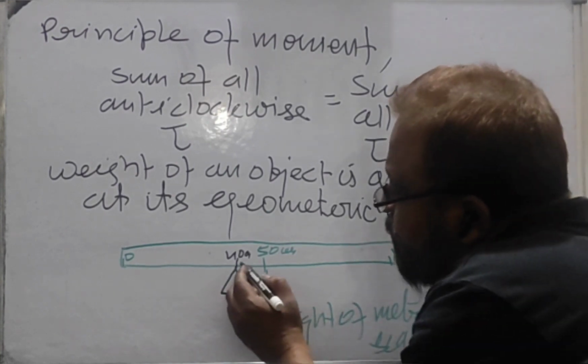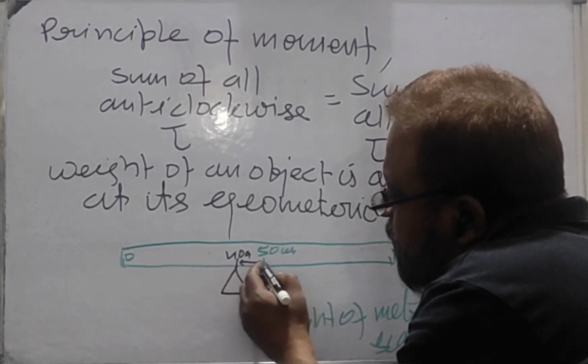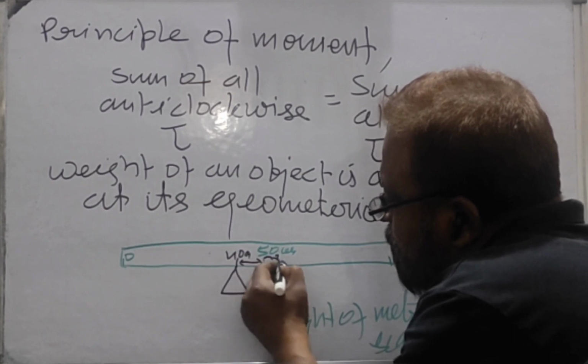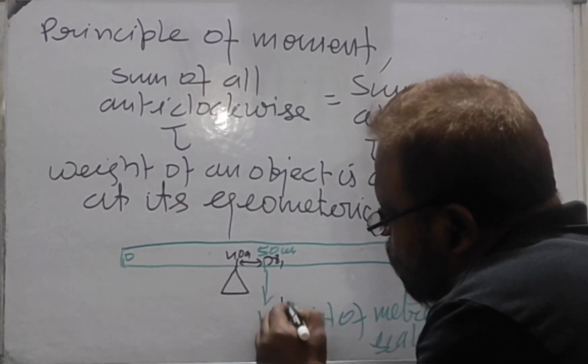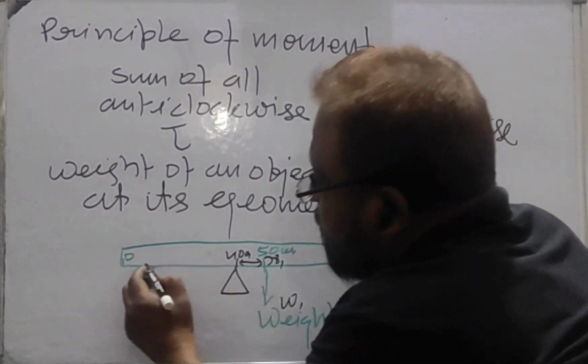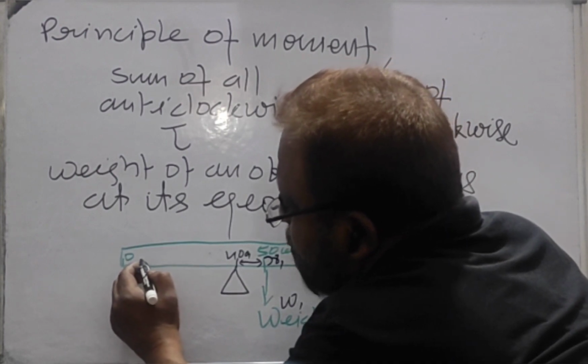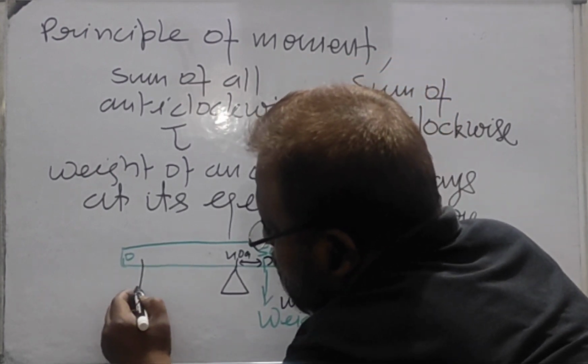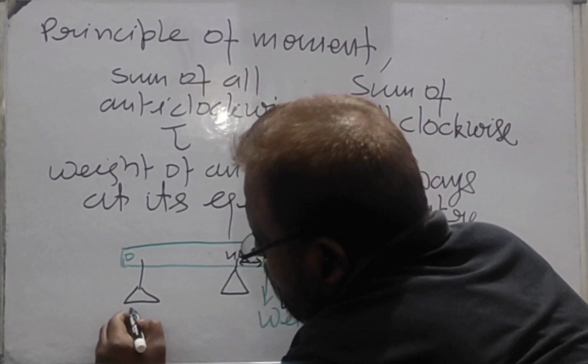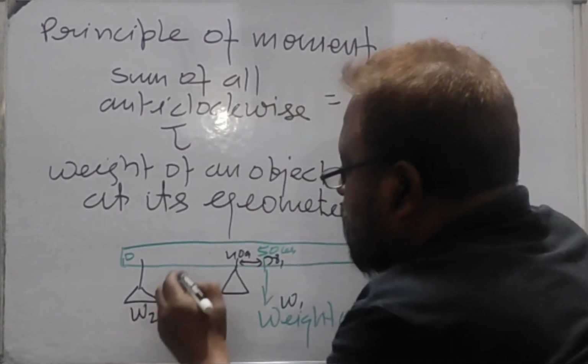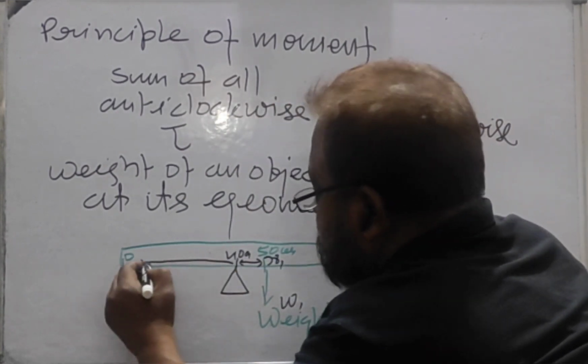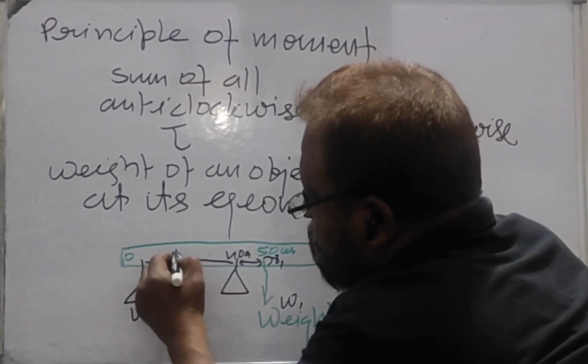So if the distance is x1 and the weight is w1, and if we put another weight here of w2 value at distance x2, right?